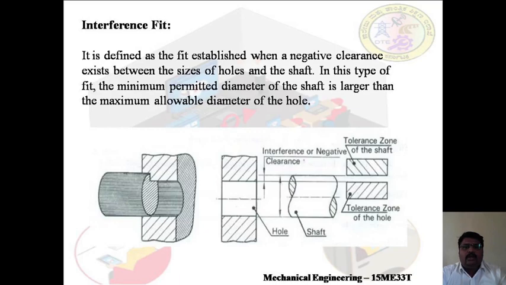So what is an interference fit? An interference fit is defined as the fit established when a negative clearance exists between the sizes of the hole and the shaft. In this type of fit, the minimum permitted diameter of the shaft is larger than the maximum allowable diameter of the hole.